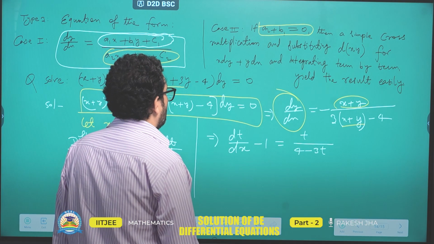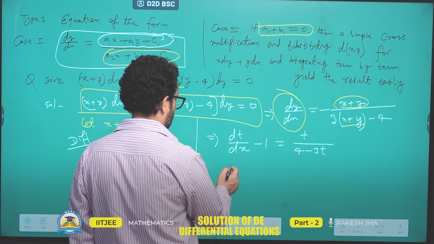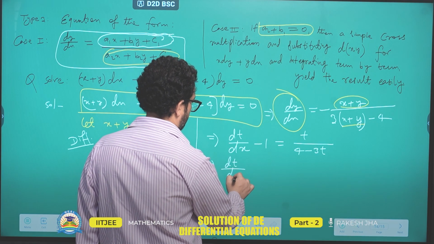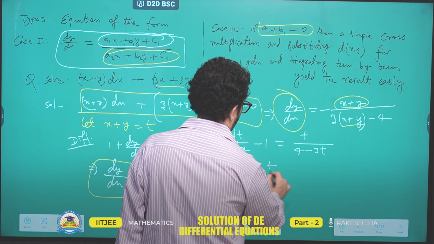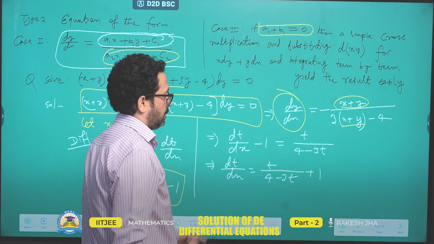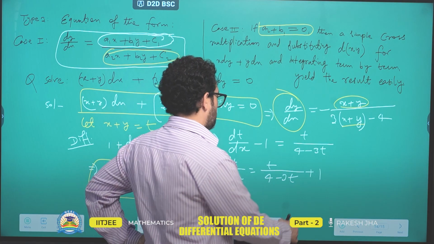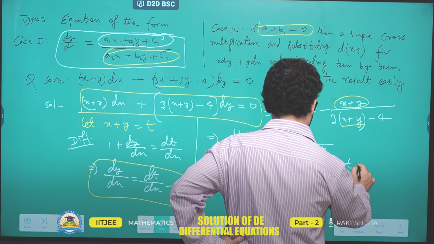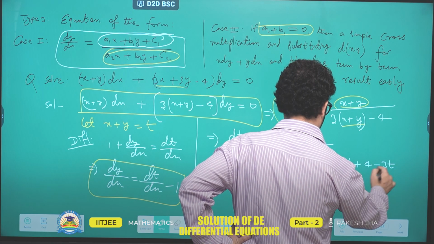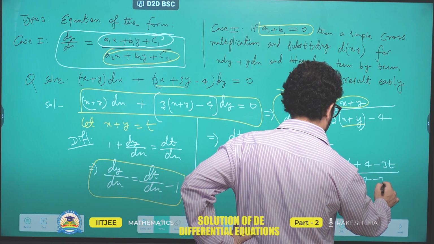Okay. Now the next step would be dt by dx is equal to t upon 4 minus 3t plus 1. This side 1 will go. Now this result will be t plus 4 minus 3t upon 4 minus 3t.